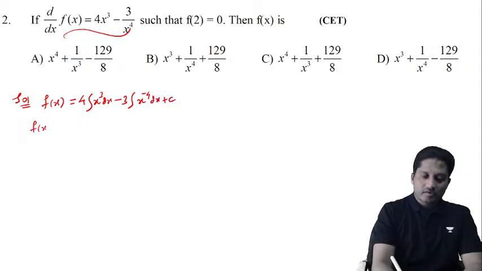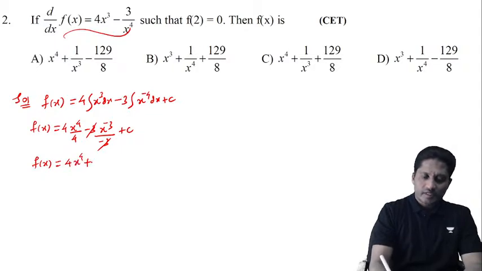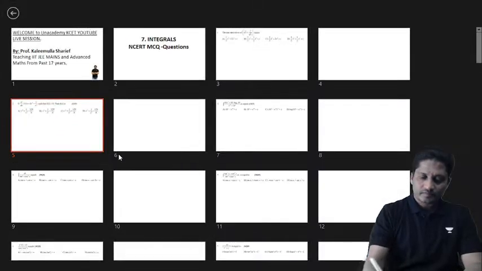Now f(x) is equal to 4 times integration of x cube, which is x power 4 by 4, minus 3 times x to the power of minus 3 divided by minus 3, and plus c. This will cancel. You will get f(x) is equal to 4x to the power of 4, and minus and minus is plus, you get 1 by x cube and plus c. This is the f(x).